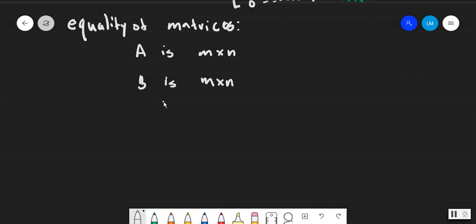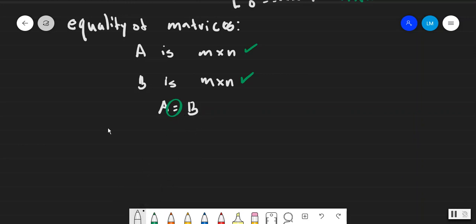If we say that A is equal to B, that means that not only do the dimensions have to be the same, we also have to have that the entries are the same, and that's specifically because of the equality. So this is the only way that these two matrices can be equal.